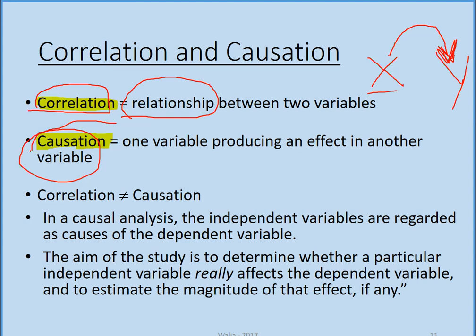So one variable is having an effect on another variable. So again, we should be able to differentiate. Like if I'm trying to see what effect certain variables have on sales, we should be able to see what variables are correlated with that sales variable and what variables are causing it.